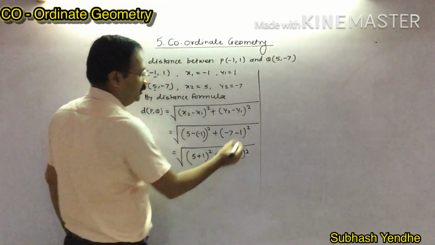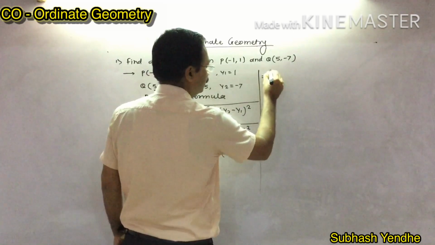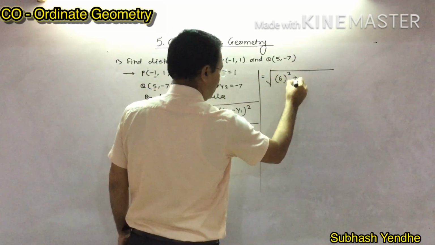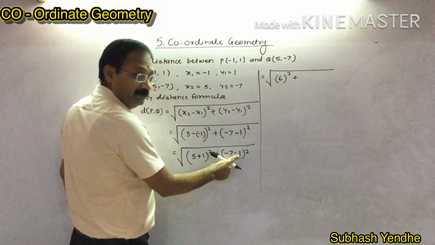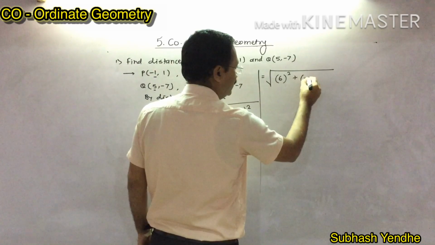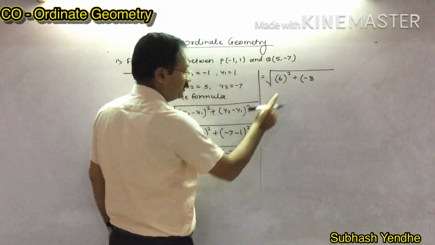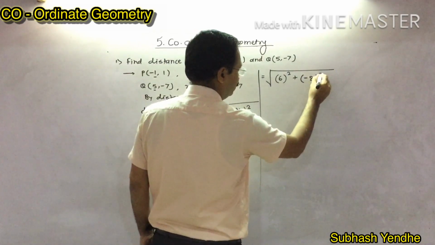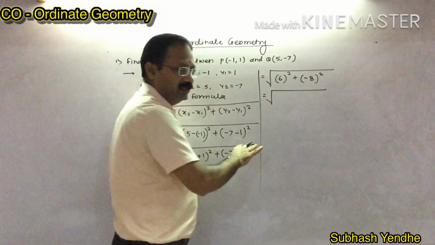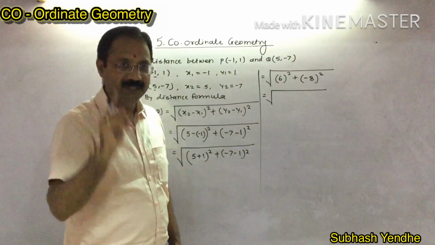Now 5 plus 1 will be 6. 6 square plus, the signs are the same, addition means 7 plus 1 is 8, and give the sign of the larger number, so it will be minus 8 square. We know that the square of minus and plus is always plus.